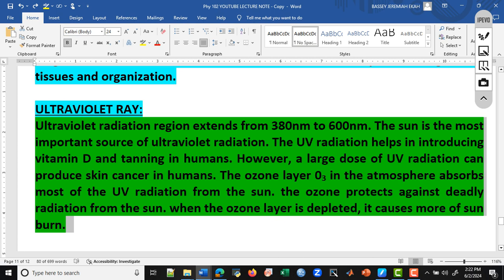So if it reduces in thickness, then the amount of UV radiation that will enter the Earth's surface or humans would be exposed to would tend to be dangerous to us. So the ozone protects against deadly radiation from the sun. When the ozone layer is depleted, it causes more of sunburn.